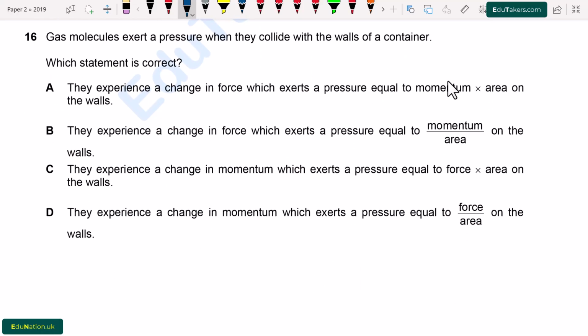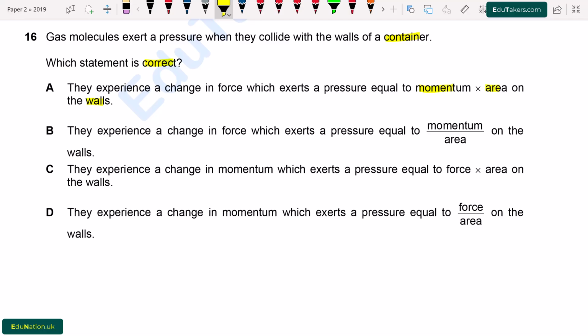Question number 16. Gas molecules exert pressure when they collide with the walls of the container. Which statement is correct? A, they experience a change in force which exerts a pressure equal to momentum multiplied by area of the wall.